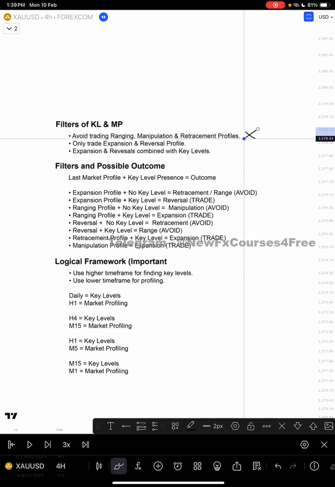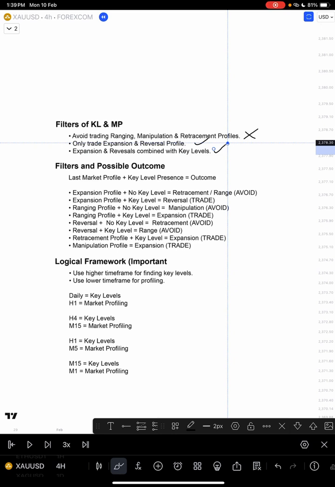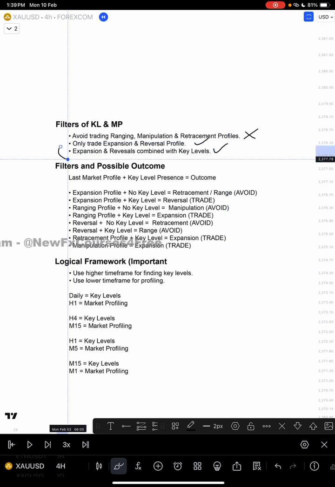Avoid this and trade this: expansion and reversals combined with key level. This is very important. These are the filters and possible outcomes of market profile plus key level presence.